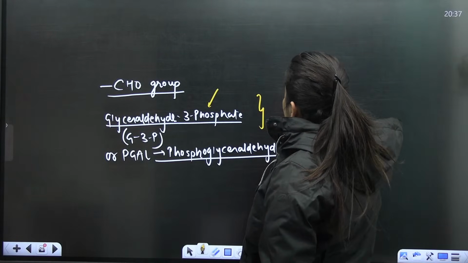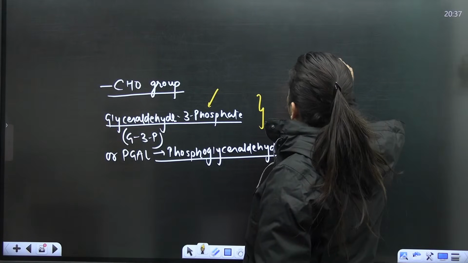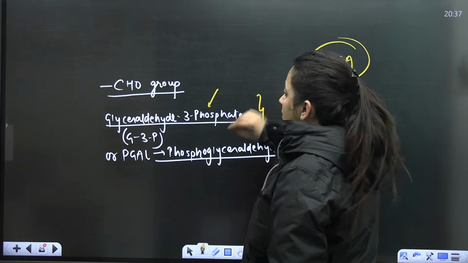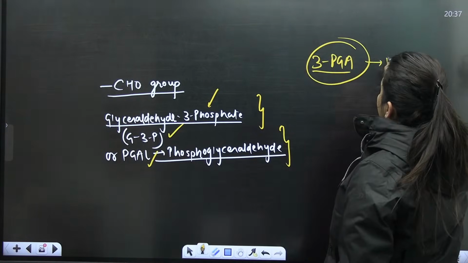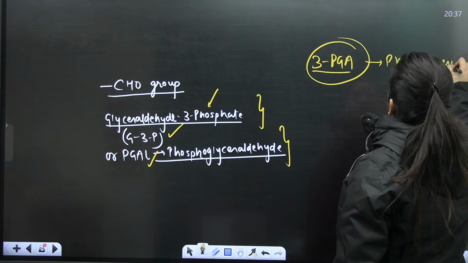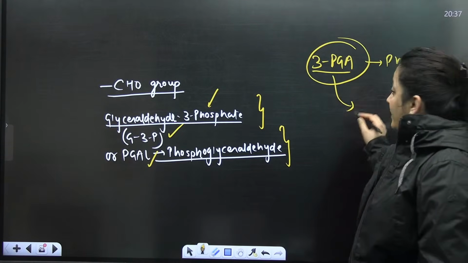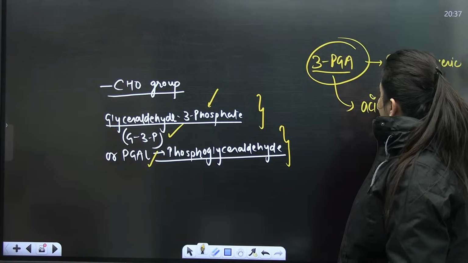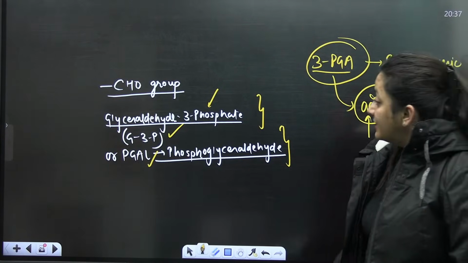Now, if it is written as 3-PGA, that is different. Do not confuse PGAL and 3-PGA. It means 3-phosphoglyceric acid, or glycerate, whatever you want to write. If the short form is 3-PGA, you are talking about the carboxylic acid, the acidic group here.